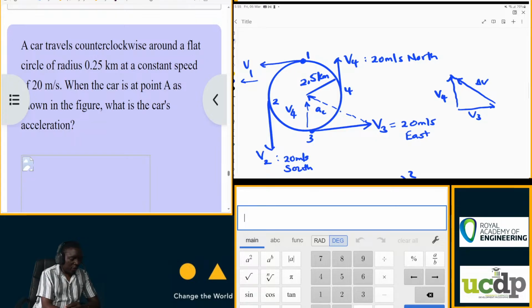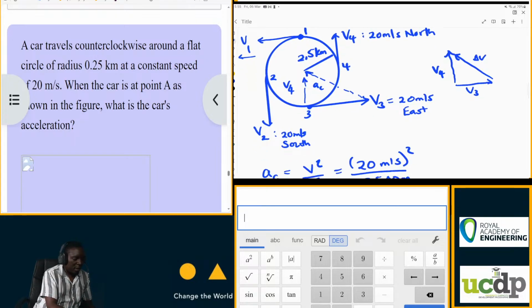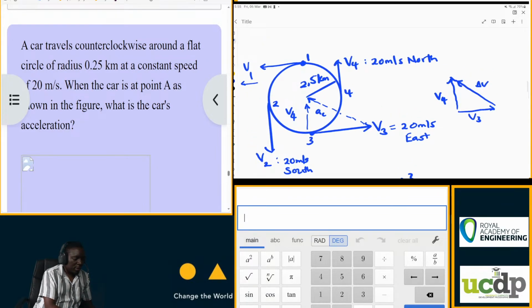So let's say if the point is point 1, the acceleration we're saying is towards the center, so it will be south. If the point is point 2, it will be east. If the point is point 3, the acceleration is in the direction north. So this is east, this is south, this is north.